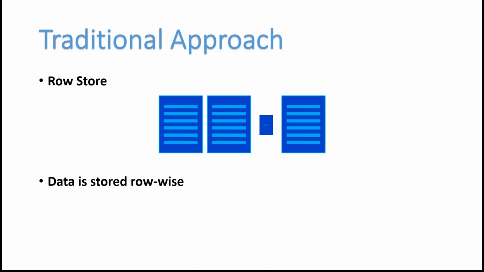The data was stored row-wise, and this means that if I have 20 columns in the table, all of those columns will be on the same page. Of course, we also have other allocation units like log data and row overflow data, but generally speaking, the data is stored row-wise.